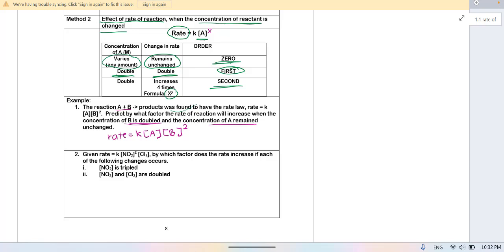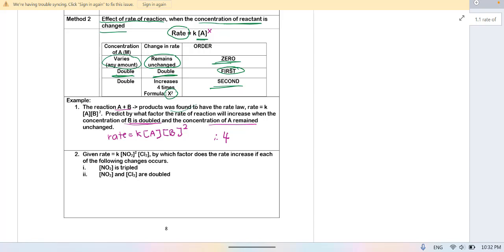So B sekarang kita double kan? So apa berlaku dengan rate of reaction? Concentration A tidak berubah. So kita tahu B adalah second order. So kalau kita double kan concentration B, so rate akan increase by factor of 4. So jawapan dia 4 lah. Ataupun increase by factor of 4.